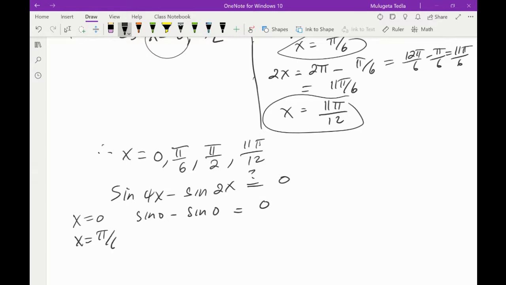X equal to pi by 6. Sine of 4 times pi by 6 minus sine of 2 times pi by 6. With a calculator, you can do it, you know. This is 2 over 3 pi. Is it really 0 is a question.